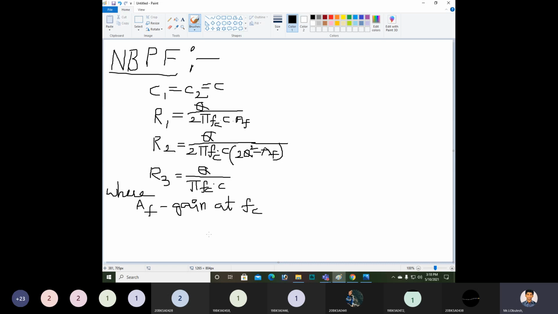AF, the gain at Fc, is given by AF equals R3 by 2R1.